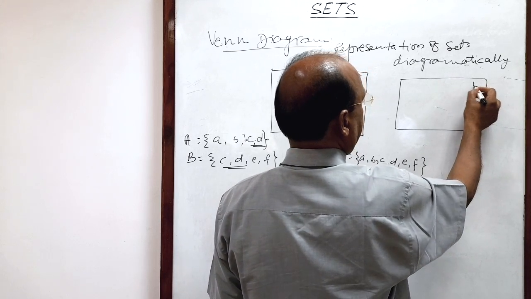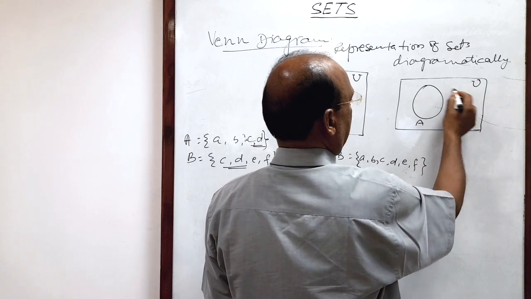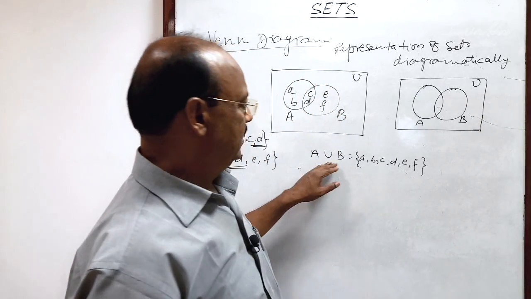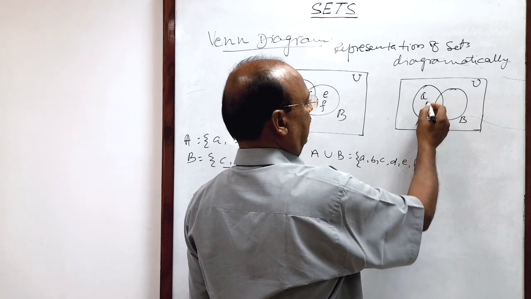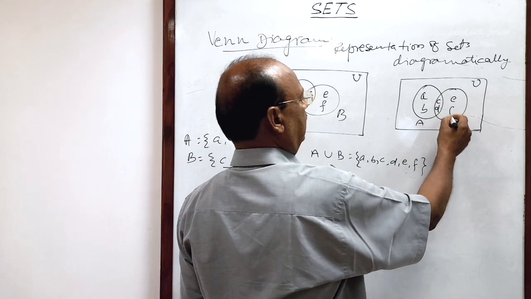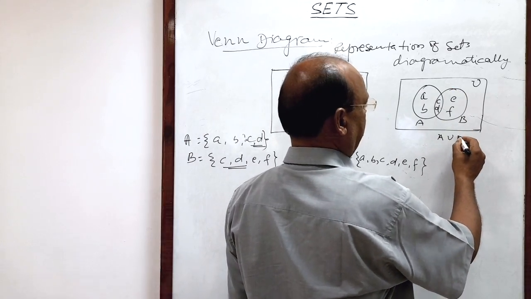We'll write in the right top corner U for universal set. This is set A and this is set B. If you want to mention these elements, then as we discussed, here we will write A, B, C and D are common, E and F. And here we will write A union B.